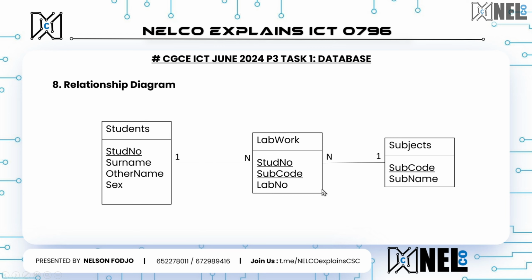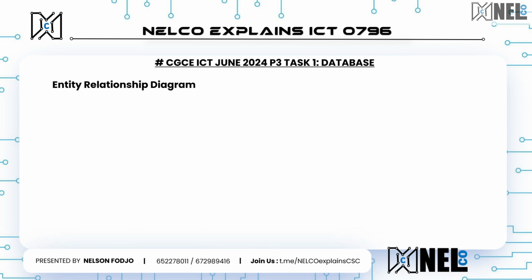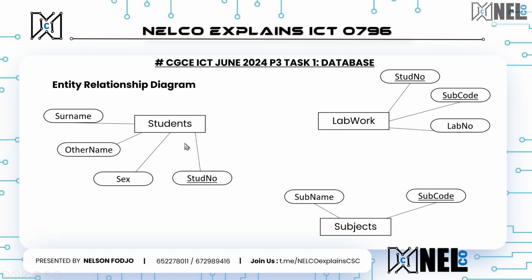Now you could also be asked to draw an entity relationship diagram, which is still another type of relationship diagram, but here tables are represented as entities. To draw an entity relationship diagram, you put the entity or the table name here. You do the same thing here. Lab work, this is entity name.